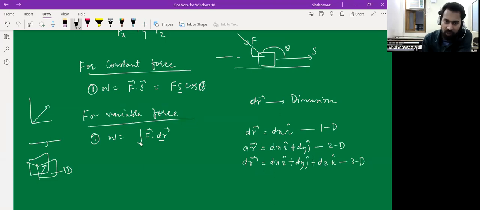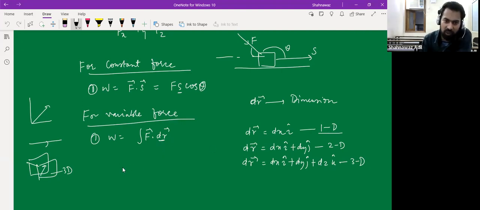Okay. So your F dot dr will be a single integral when you are in a one-dimensional displacement.